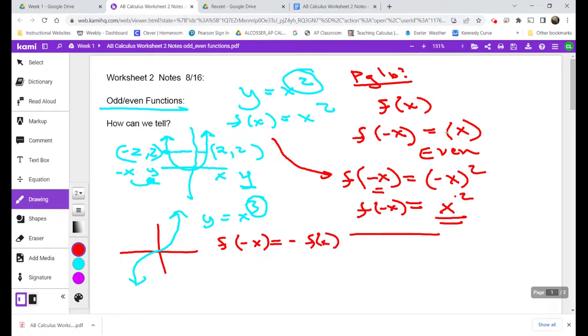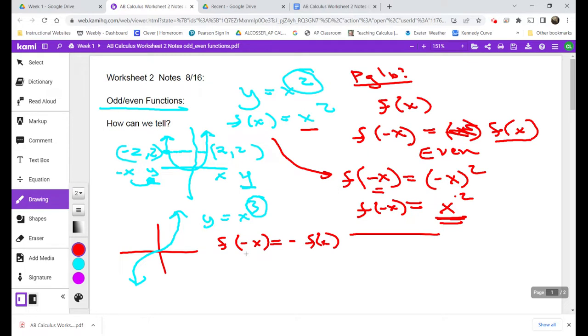In fact, I'm going to rewrite this. I like this better: if I plug in negative x, I get negative f of x back out. That makes more sense, because if f of x is x squared, what did I get back out? x squared. So I like that better. For this one, if I plug in negative x, I'm going to get the negative function back out.